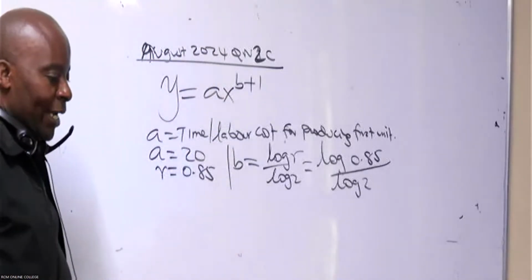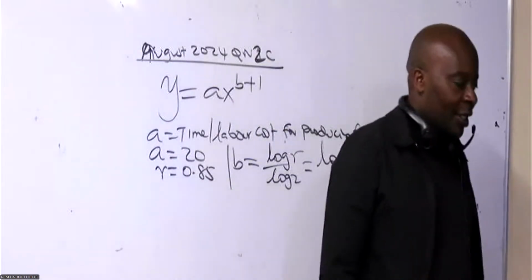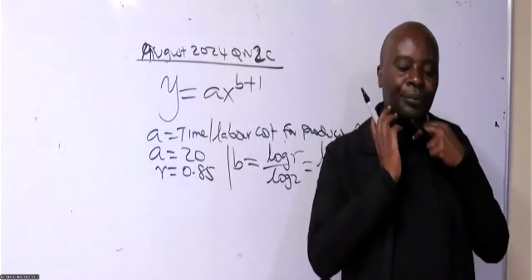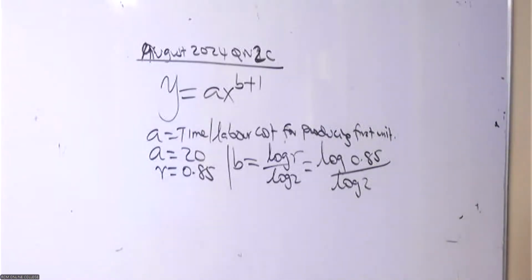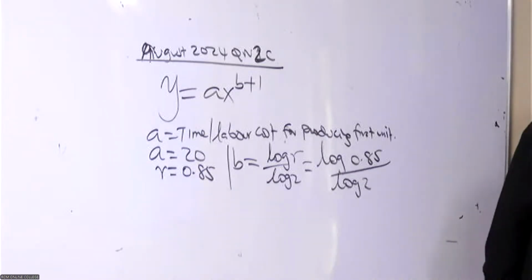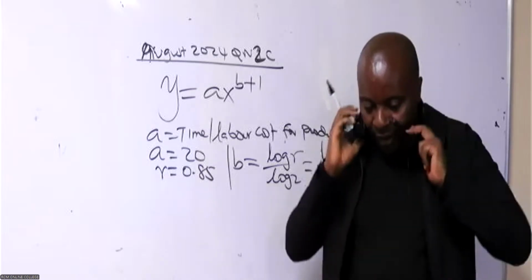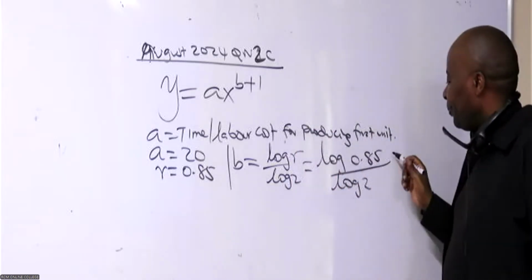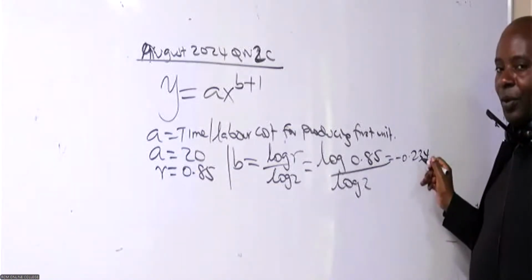Even if I never knew anything to do with transfer pricing, your examiner is very lenient. He simply wants you to get some marks. So negative 0.234 something. We like 4 decimal places.